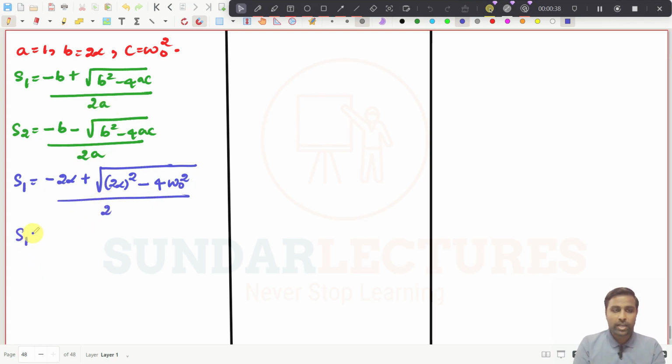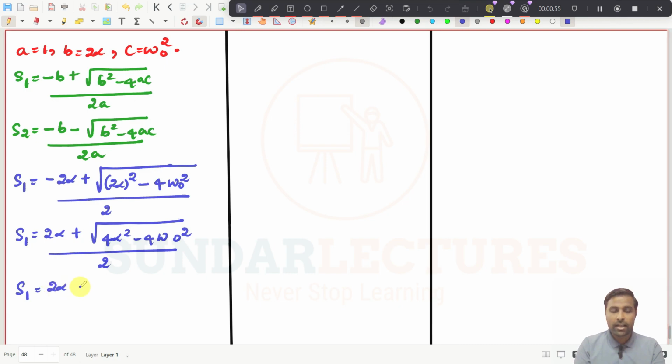So S1 will be 2 alpha plus, and this can be written as 4 alpha square minus 4 omega naught square, the whole divided by 2. If you take 4 outside commonly, S1 can be written as 2 alpha plus square root of 4 into alpha square minus omega naught square, the whole divided by 2.